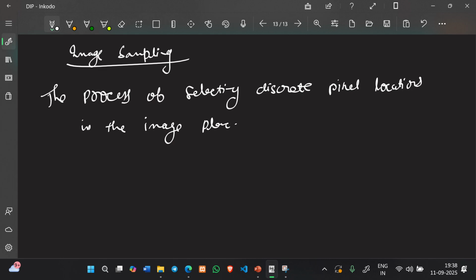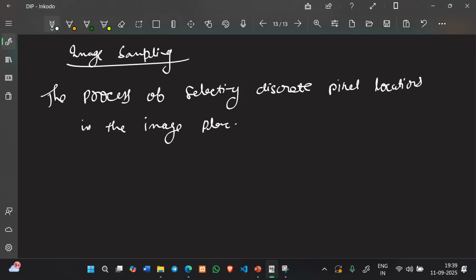So image sampling is the process of finding the discrete pixel locations in your image. In simple words, you can say it is converting continuous coordinates x, y into a grid of pixels.